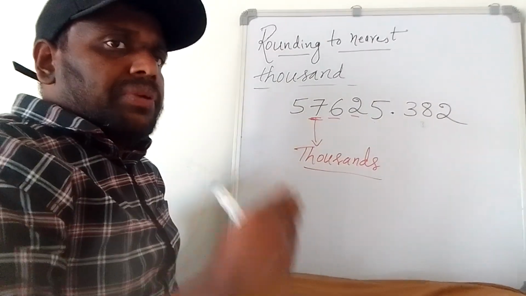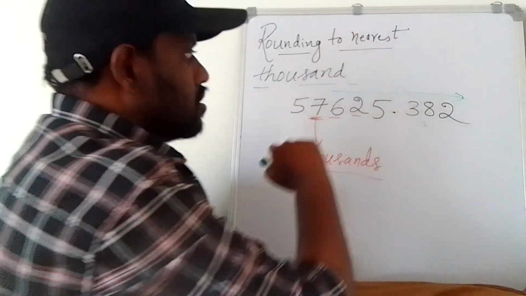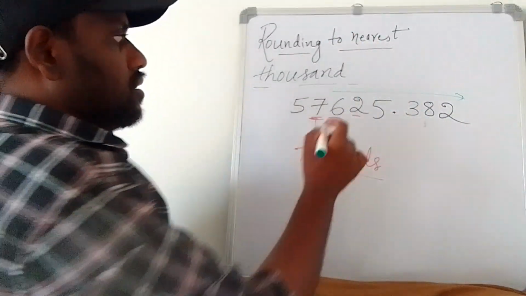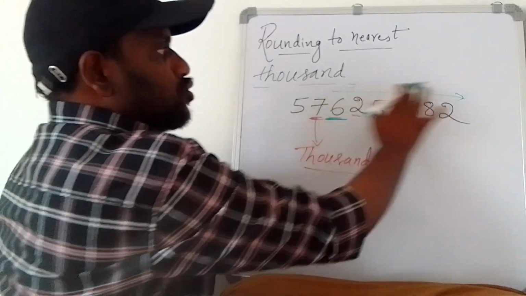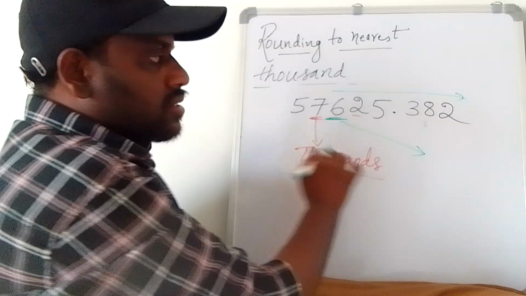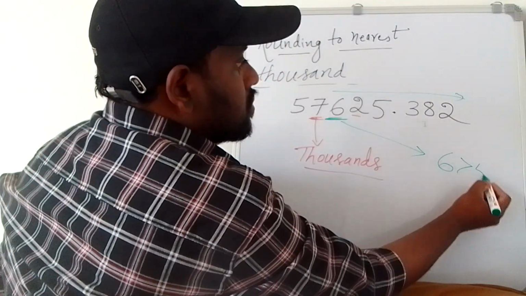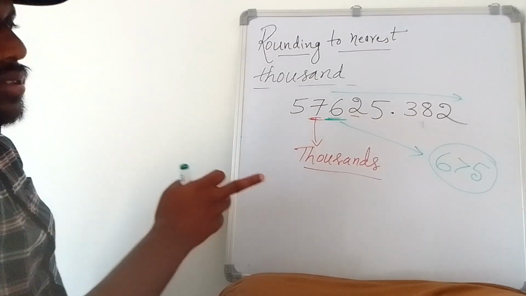Now you check the immediate next digit after the 7 in this direction. So which is the digit? 6. This is the next digit after the 7 in this direction. See, the 6 is greater than 5. Okay, the 6 is greater than 5.